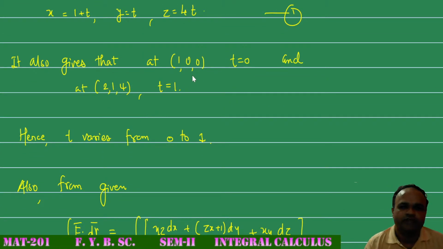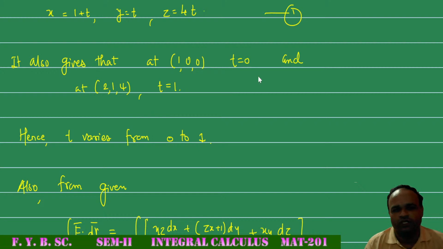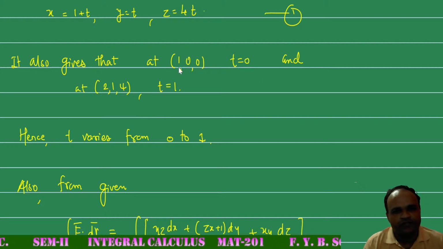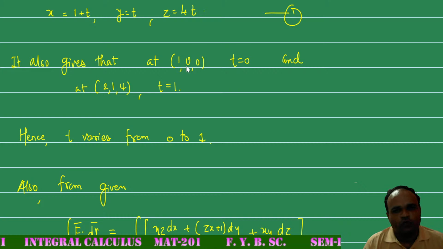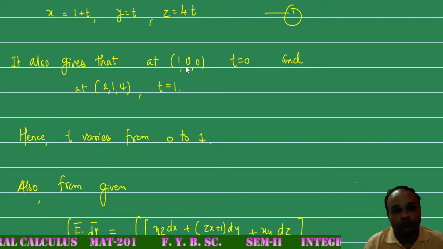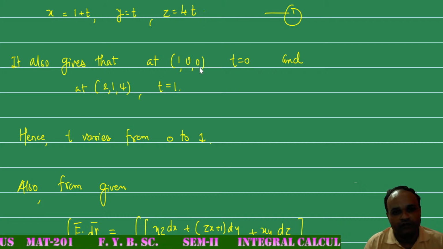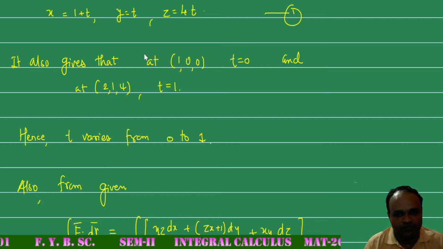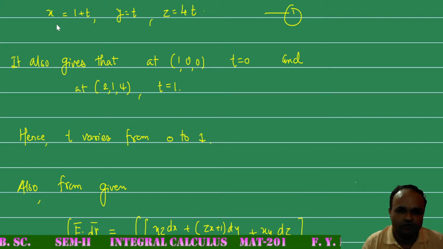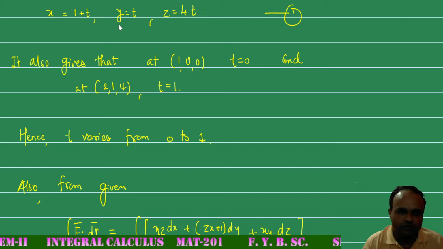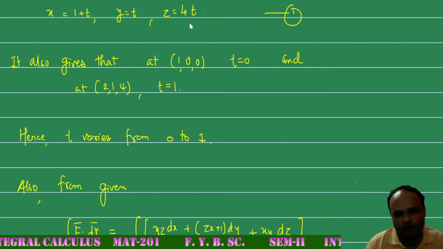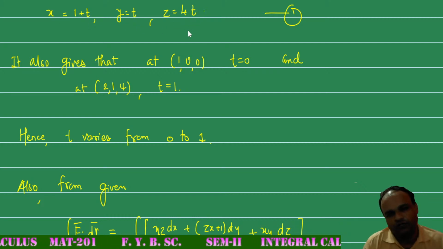It also gives that at (1,0,0), t equal to 0. So x equal to 1, y equal to 0, and z equal to 0. So what is the value of t? For x equal to 1, t will be 0, or y equal to 0, t will be 0, or for z equal to 0, t will be 0.